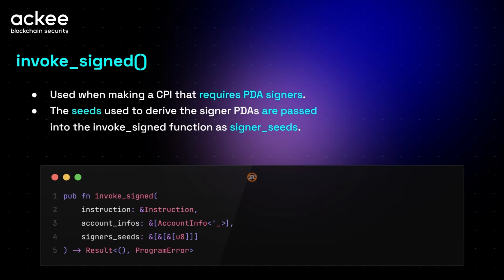That means this invoke signed to the instruction with the PDA can be called only by your program, because the program ID of the program that performs the invoke signed is automatically included by the runtime.